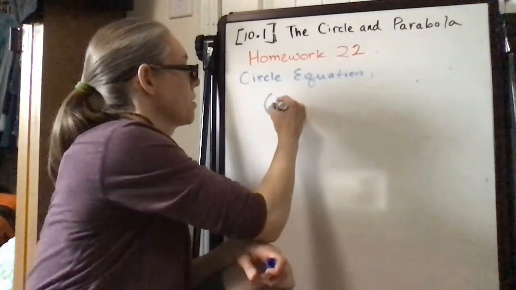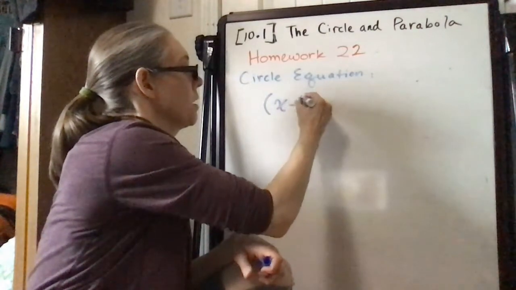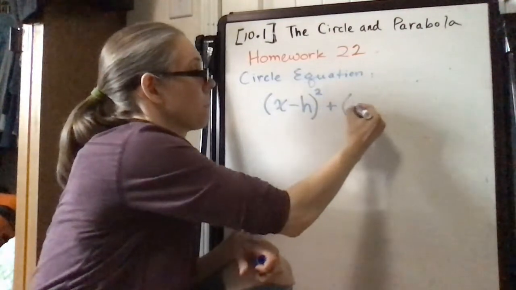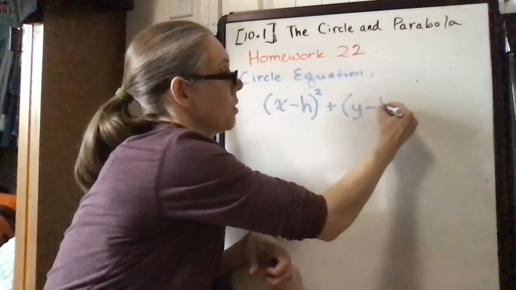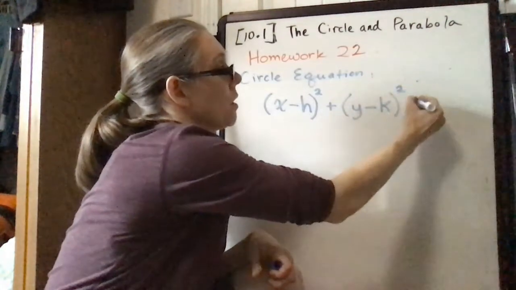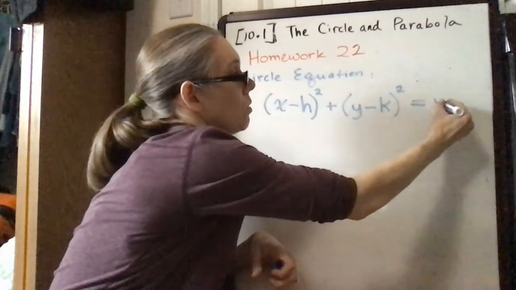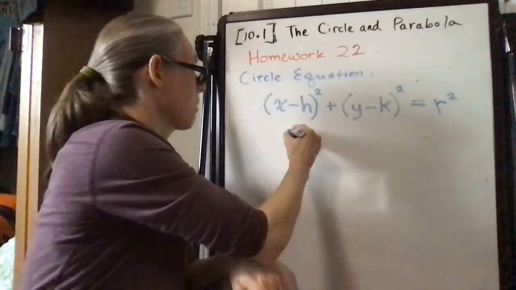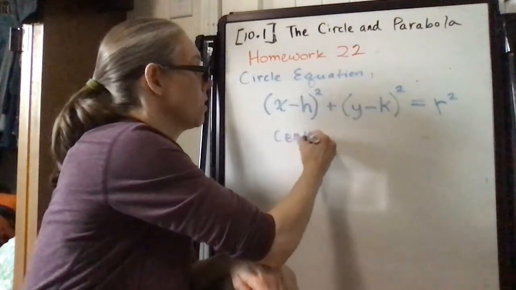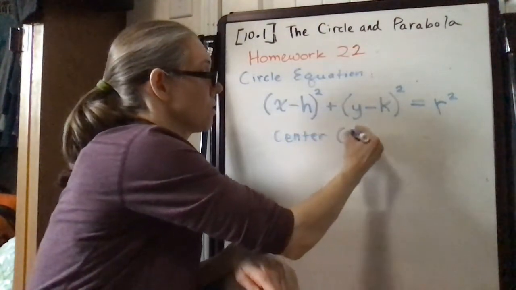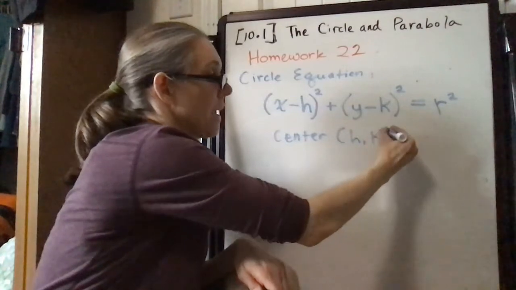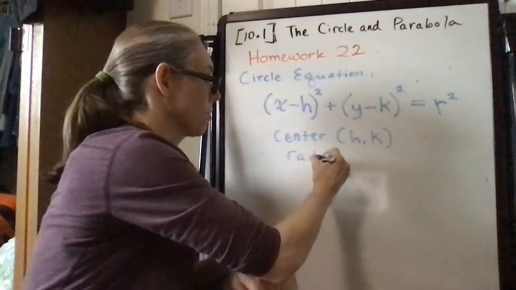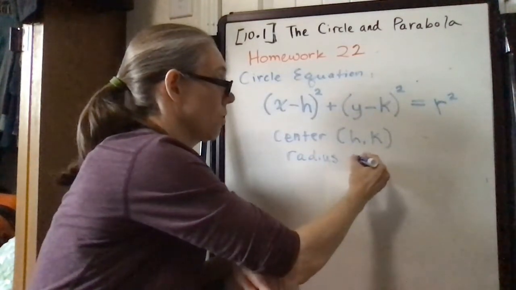You have parentheses x minus some number h squared plus y minus some number k squared is equal to r squared. And these h and k are the coordinates for the center of the circle. H, comma, k is the center of the circle. And then the radius of the circle is r.